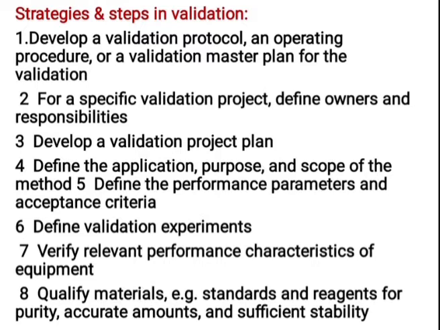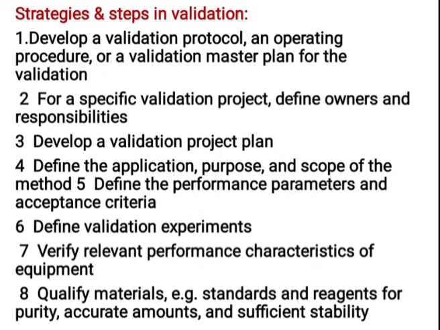Obviously, the procedure or method which you have found should be applicable to the human being, to the environment and so on. So initially you have to define whether the procedure is applicable or not, then the purpose of this procedure, then the scope of this method. Then the fifth point is define the performance parameters and acceptance criteria.